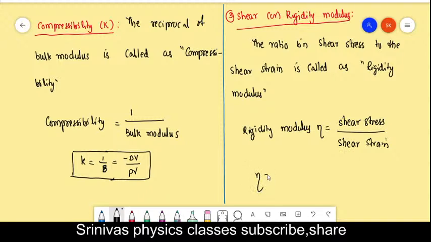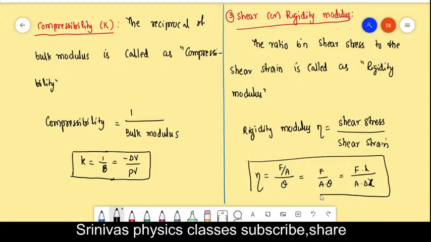The shear stress formula is F by A. The shear strain formula we discussed previously is theta. So it is F by A theta, or otherwise theta we can also write as delta x by L. This is the formula for the shear rigidity modulus. This we know already.